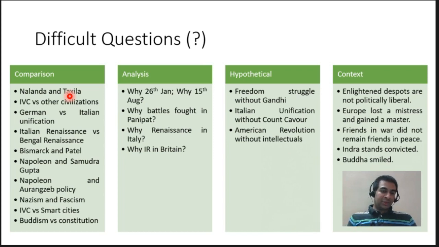Okay. Now, the second type of question, like the Nalanda Takshila type question, is compare and contrast Indus Valley civilization with other civilizations. I hope you all know that Indus Valley civilization is a riverine civilization. Along with Indus Valley, there are other civilizations which have flourished, like the Chinese civilization along the Huanghe, the Egyptian civilization along the river Nile, or the Mesopotamian civilization along the rivers Tigris and Euphrates.